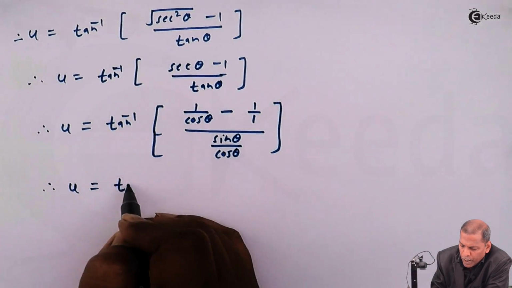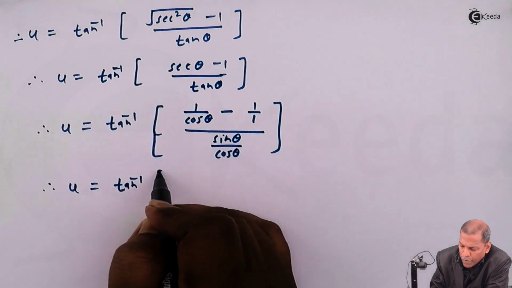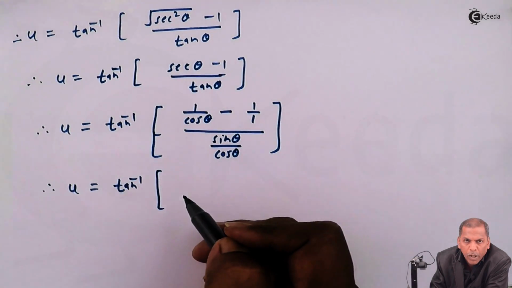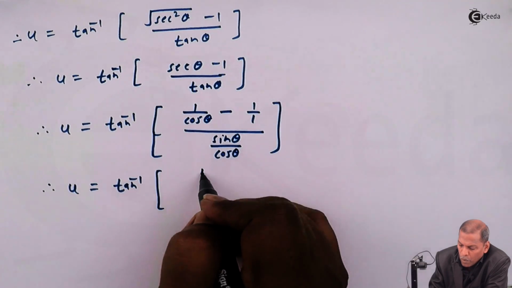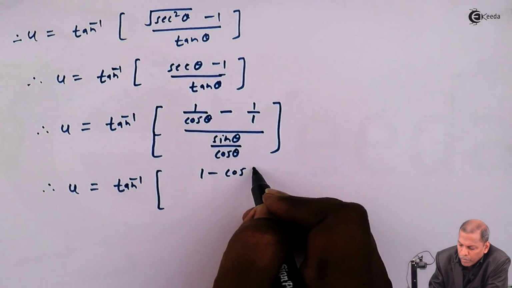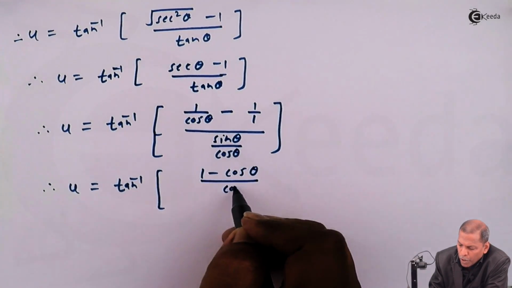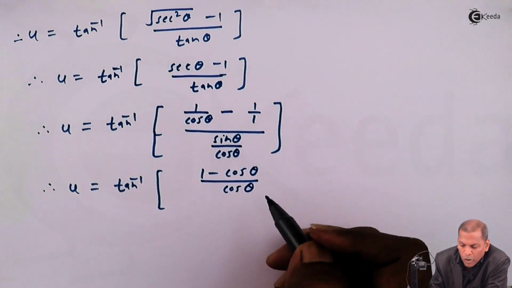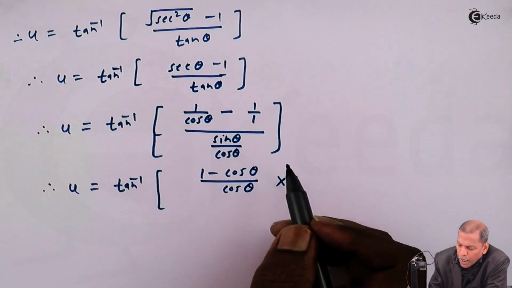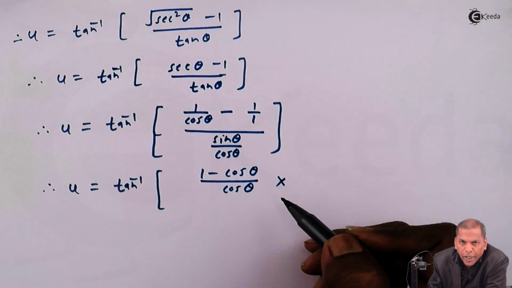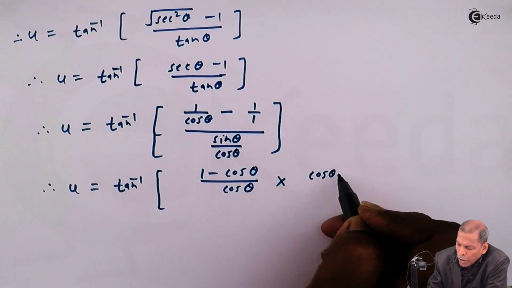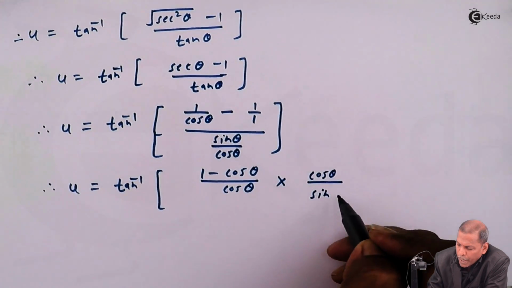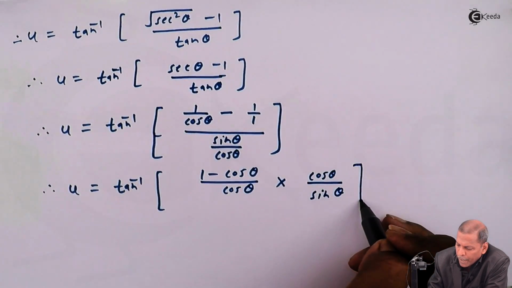Therefore u is equal to tan inverse of. Now in the numerator we cross multiply, so we get 1 minus cos theta upon cos theta, then into, now sin theta upon cos theta. If we take it in the numerator, so we get cos theta upon sin theta, and then bracket complete.